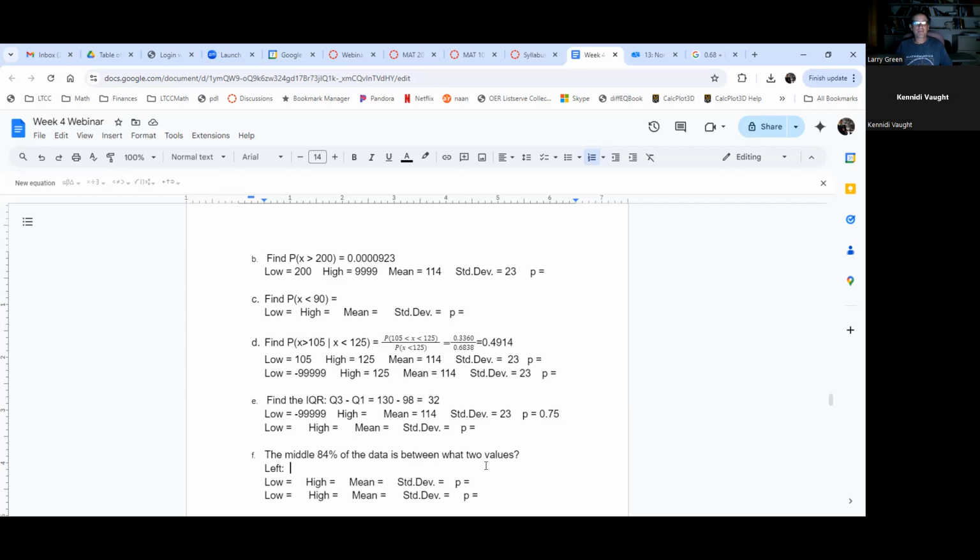If 84% is in the middle, how much is in the far left? Okay, you've got the right idea, but not quite, because 100% minus 84% is 16%. But that would be left and right. We just want left. If 16% is left and right, how much is just on one side? Yeah, 8%. So left is 0.08.